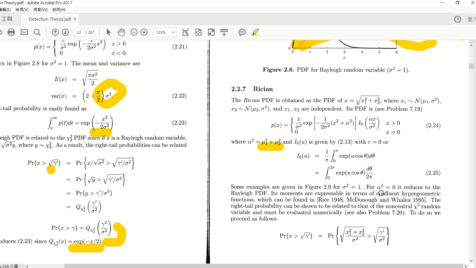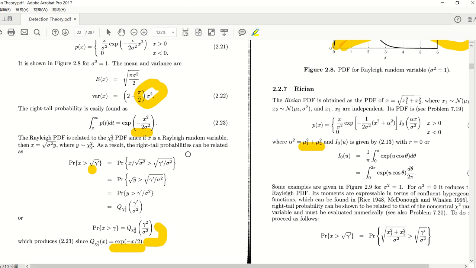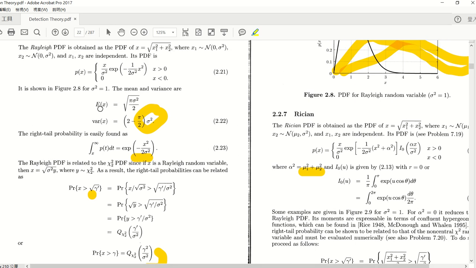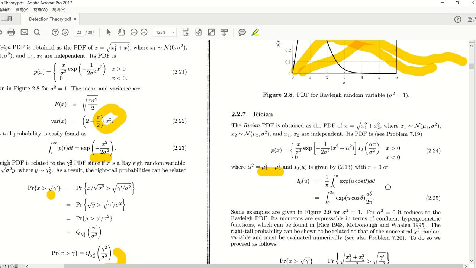So if alpha square is 0, then mu1 is definitely 0, mu2 is definitely 0. Then you have 0, 0 here. So let's go back and look. You see 0 here, 0 here. Now we have 0 here, 0 here.